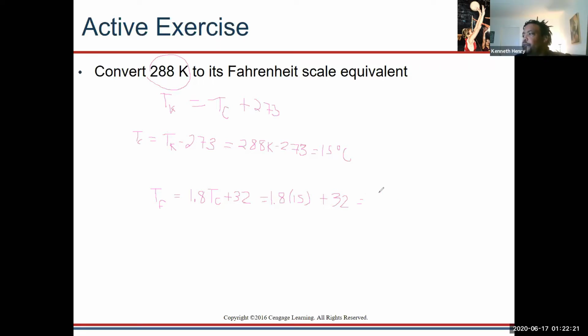Okay, so we got 59 degrees Fahrenheit. Piece of cake? Yeah, no? Good. Okay. Excellent. Let's move on.